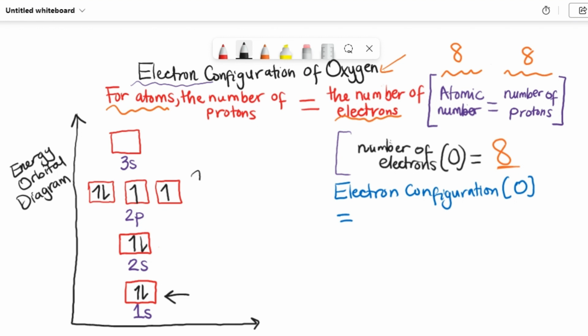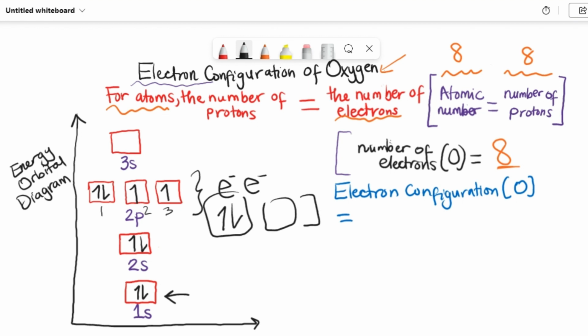Now, before we go on to do it, I need to teach you something. As you can see, the p orbital has 3 suborbitals. You got 1, you got 2, we got 3. Anytime we have a situation like this where an orbital has multiple suborbitals of the same energy level, we have to always fill in each box first before we pair up, because electrons, as you know, are negatively charged, and it would not make sense for us to put two of them in an orbital while the other ones are empty, because we're going to end up with energy destabilization.